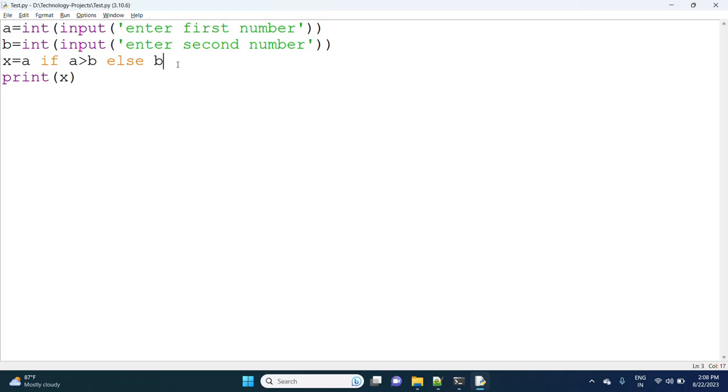Observe in which way I'm taking a greater than b. Assume that I have given 10 and 20. 10 greater than 20 means false. False means it is going to consider the value of b.